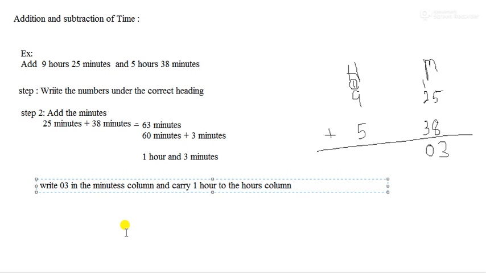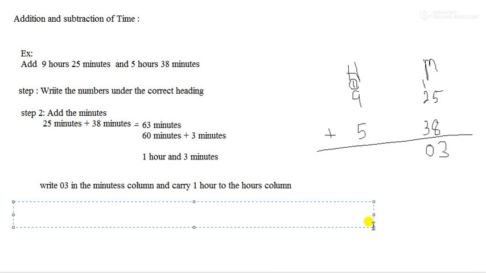Now the next step is step 3. What is step 3? Add the hours. Here what are the hours? 9 hours plus 5 hours, plus 1 hour, that is the carried over.